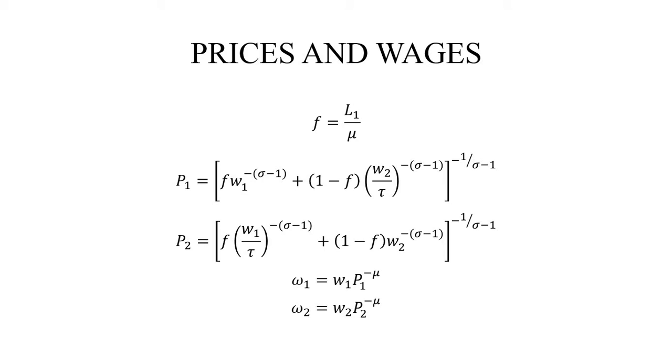They were calculated as functions of F, and F stands for the share of manufacturing labor force located in region 1 out of the total manufacturing labor force located in the two regions.